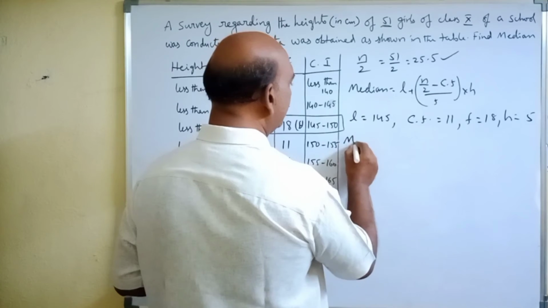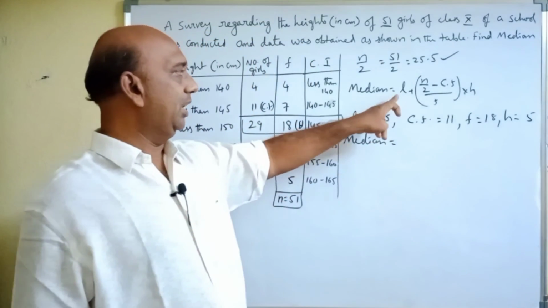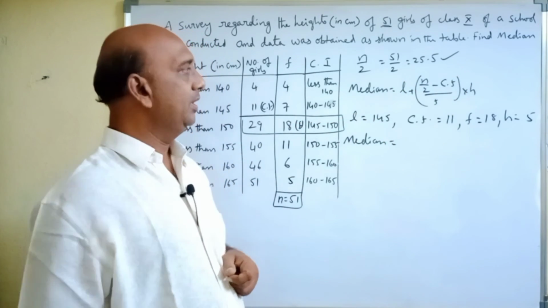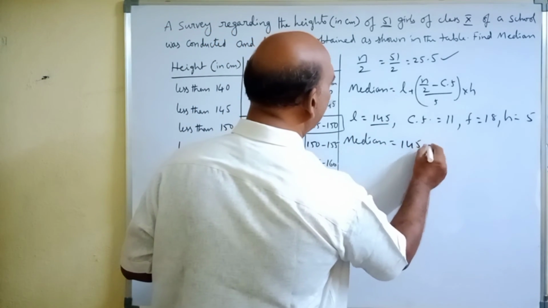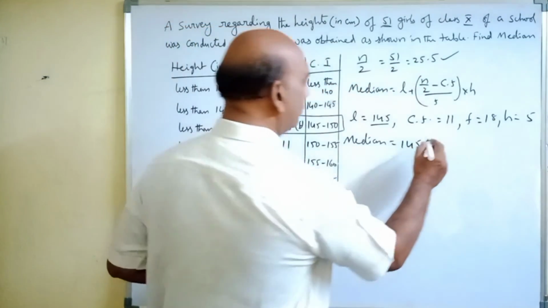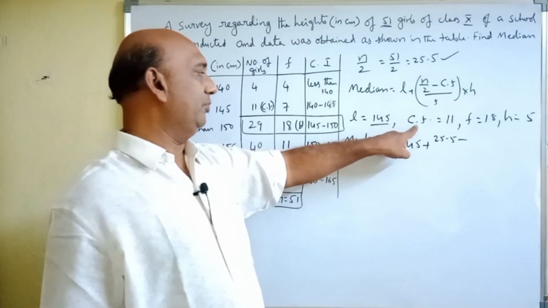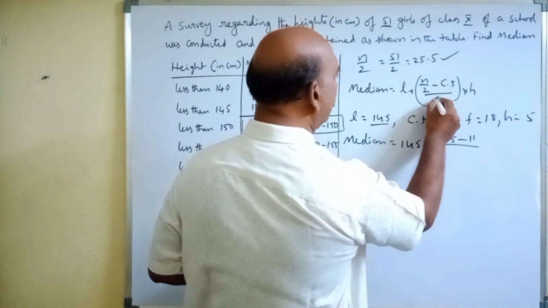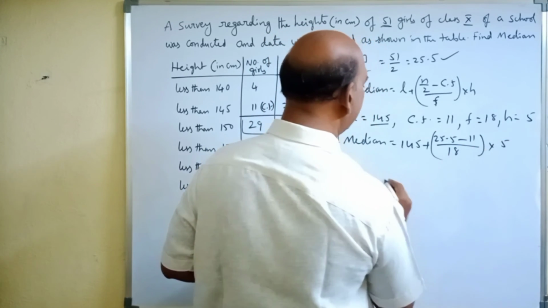Now, let us substitute all these values in the formula. So median equals L plus n by 2 minus CF by f into h. What is L? This one, 145, plus the n by 2 value, that is 25.5, minus CF, the cumulative frequency, that is 11, by f, the frequency, that is 18, into h, which is 5.